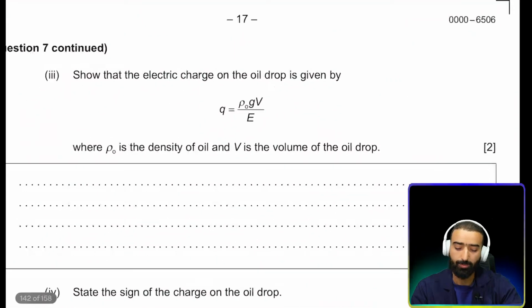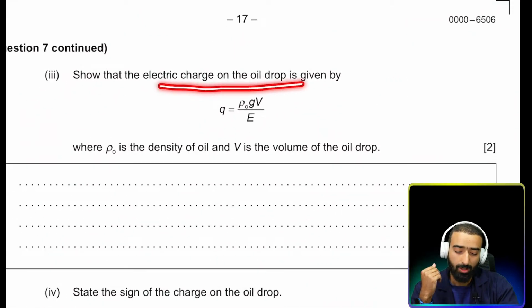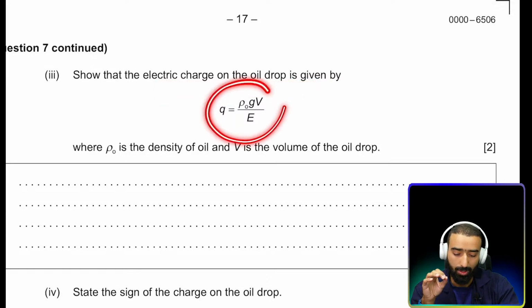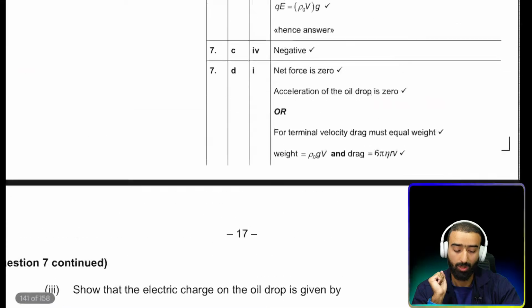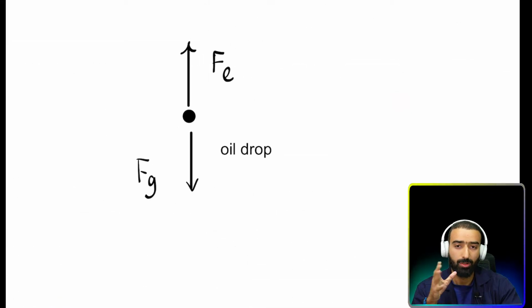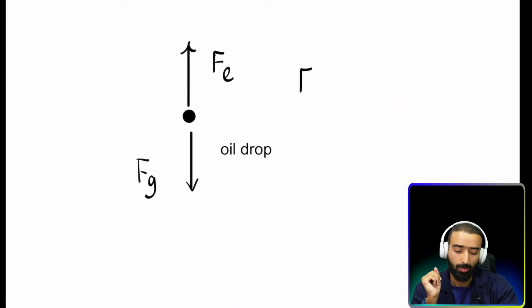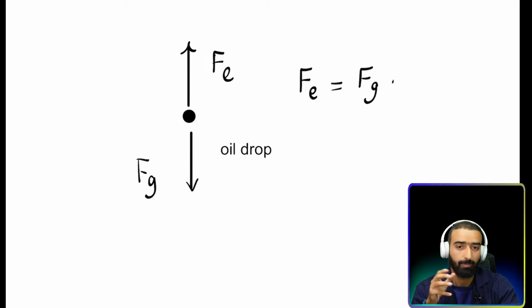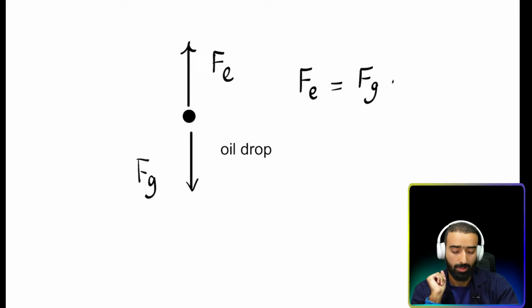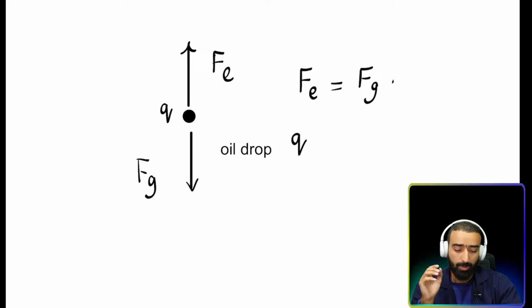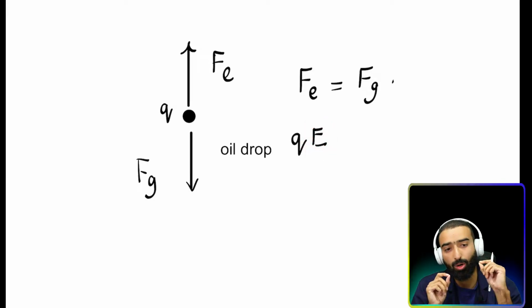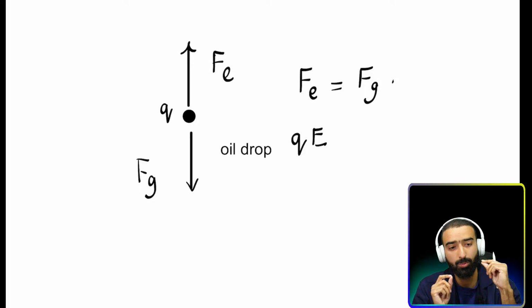Let's press on. Show that the electric charge is given by this equation. We need to show this is the charge present on the oil drop. Since the drop is stationary, electric force equals gravitational force. The equation for electric force is Q, the charge on the oil drop, times the electric field. Electric field gives us the force on a unit charge, the force per coulomb.